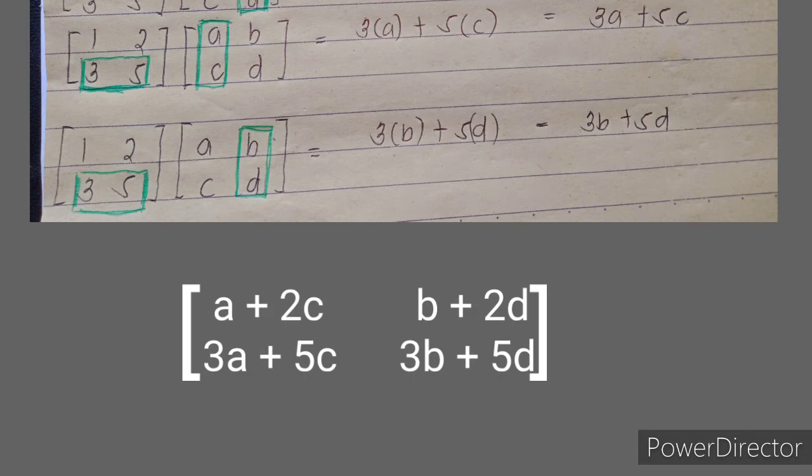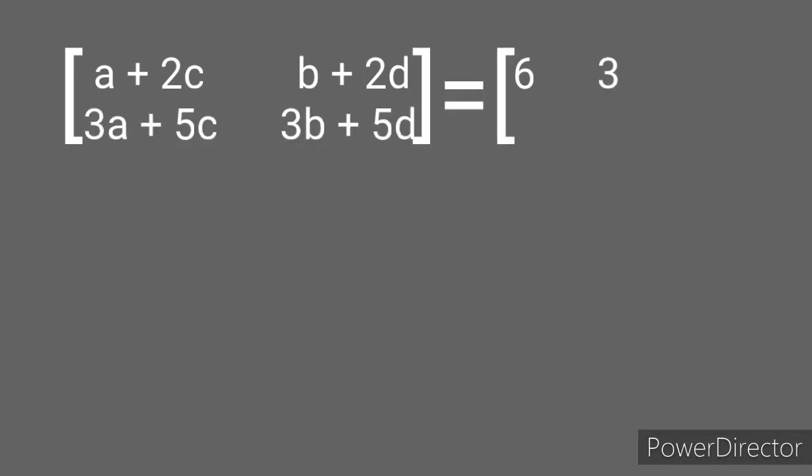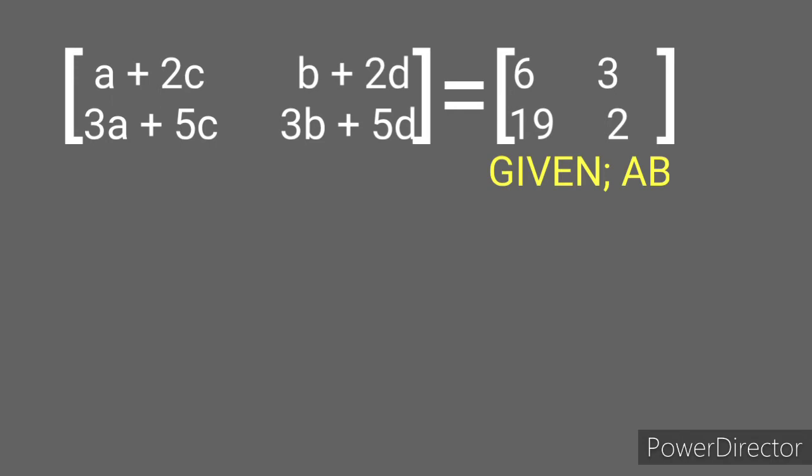By multiplying A and B, we get [A plus 2C, B plus 2D; 3A plus 5C, 3B plus 5D]. This is also equal to the product of the two matrices in the given problem, and this is the matrix AB, equal to [6, 3; 19, 2].